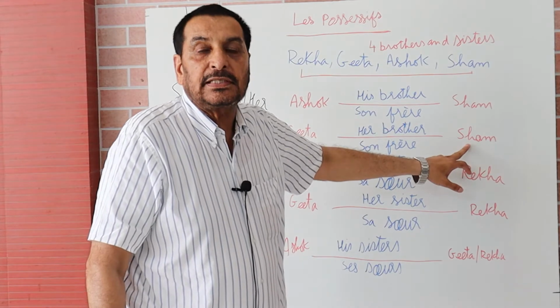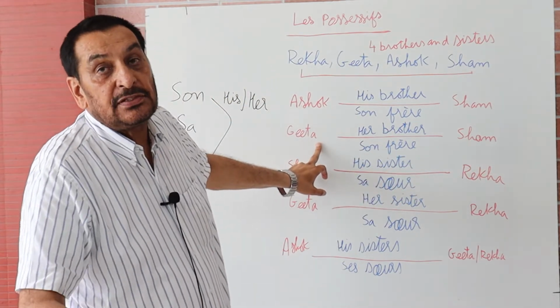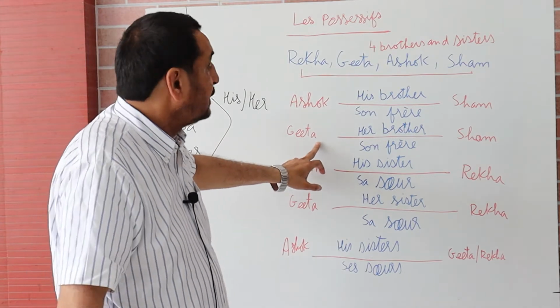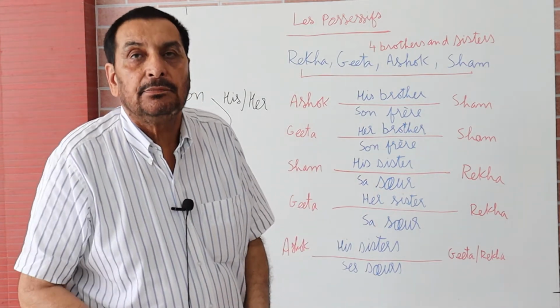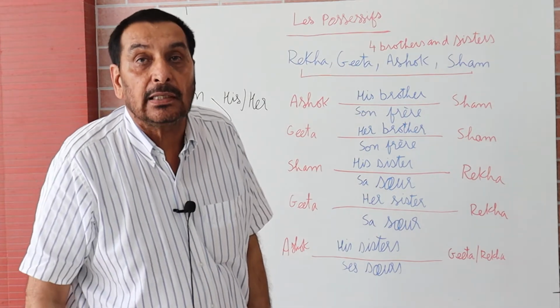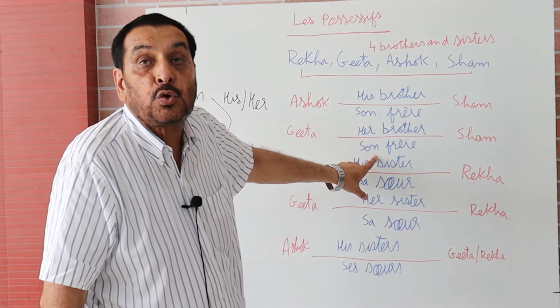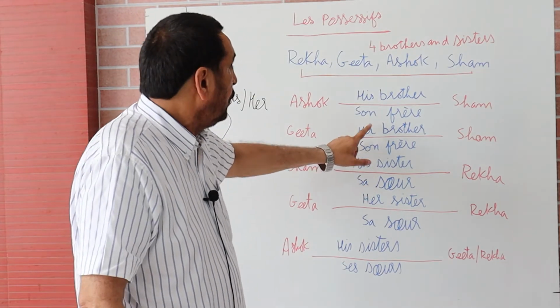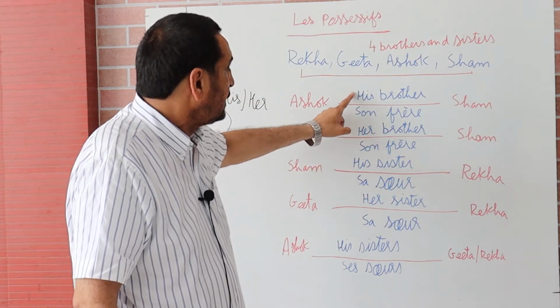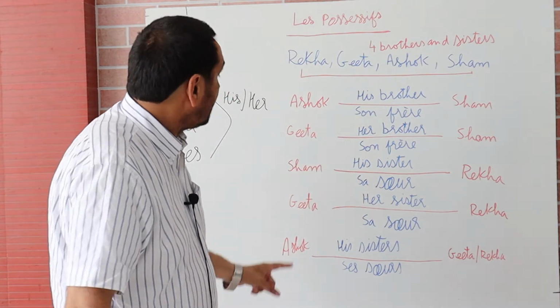Okay, then Gita. Sham is Gita's brother. Then in English we say her brother, but in Punjabi we say Oda pra. In Hindi we say uska bhai. And it is the same thing in French. We say son frère. Son became his, son became her. Same thing is here.